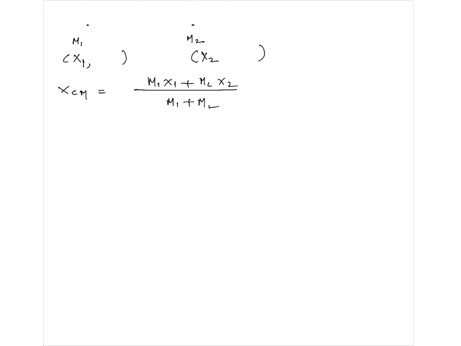Another galaxy, M2. One particle at its center of mass, M2. And for these two galaxies, we can find the common center of mass, which is given by M1x1 plus M2x2 by M1 plus M2, I mean x coordinate. Likewise for y coordinate and for z coordinate.